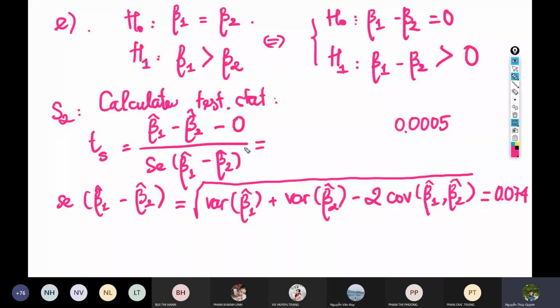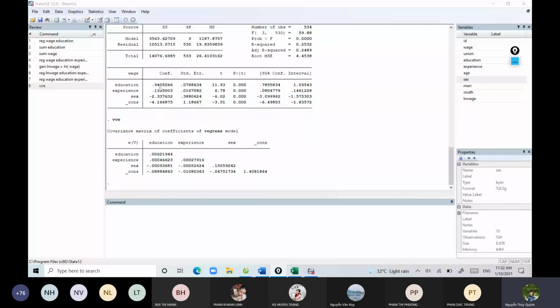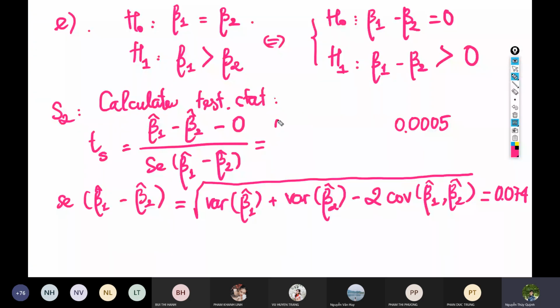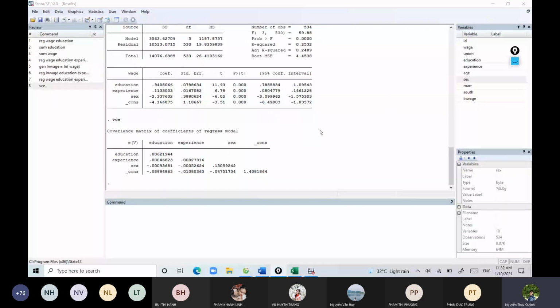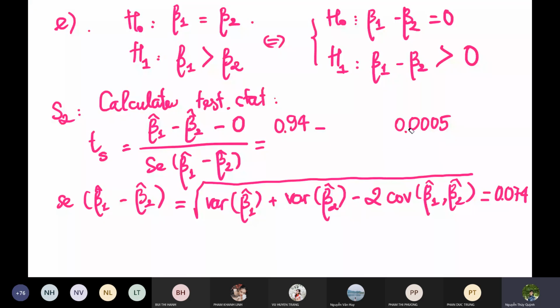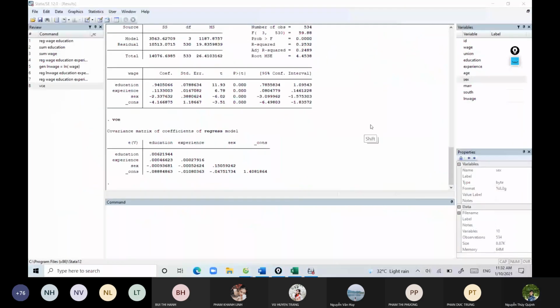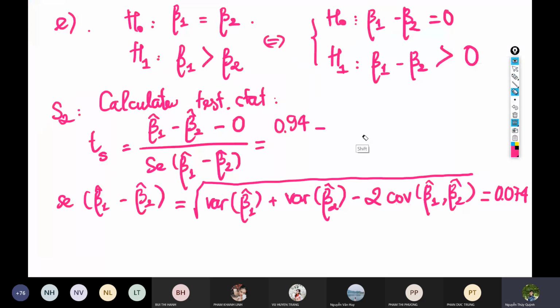We have beta 1 hat. What is it? Beta 1 hat is 0.94, minus 0.113, divided by 0.074.